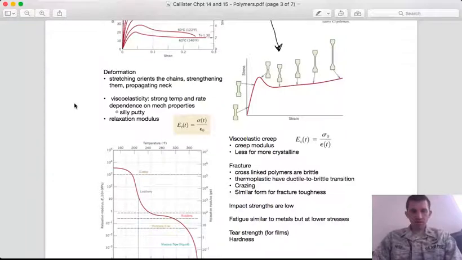Remember, along the chain, you have covalent bonds. In between chains, you only have van der Waals forces. So as you align the chain in the direction of the stress, you see that it is getting stronger.